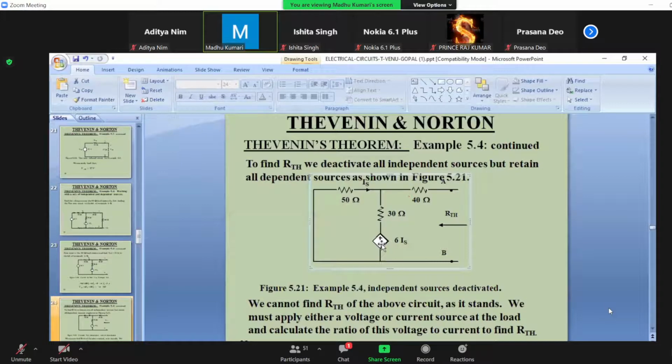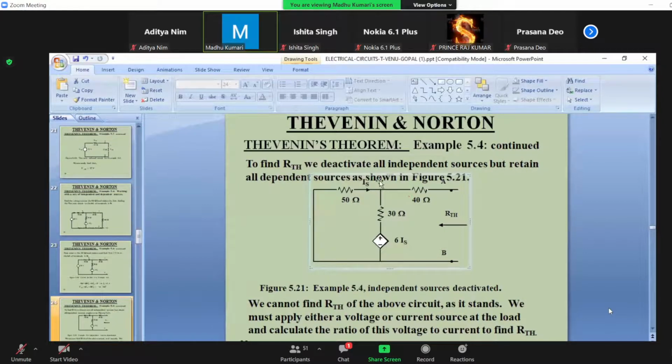So how can we calculate? Here it is written, read it. We cannot find RThevenin of the above circuit at its terminals. We must apply either a voltage or current source at the load and calculate the ratio of this voltage to current to find RThevenin.